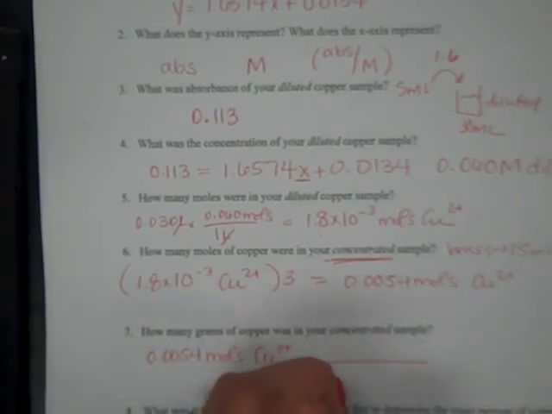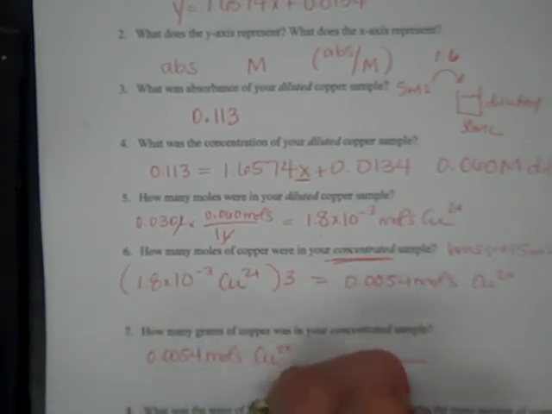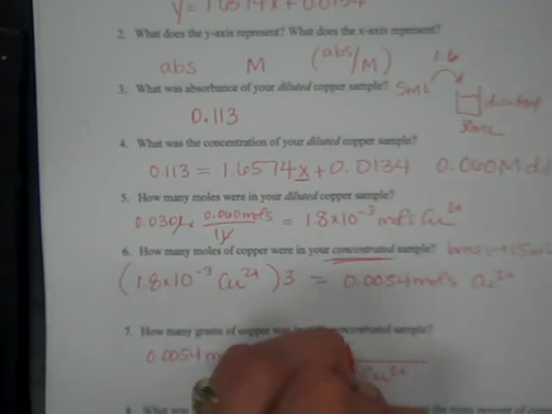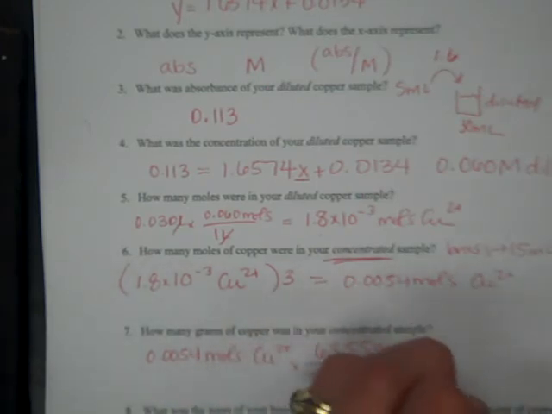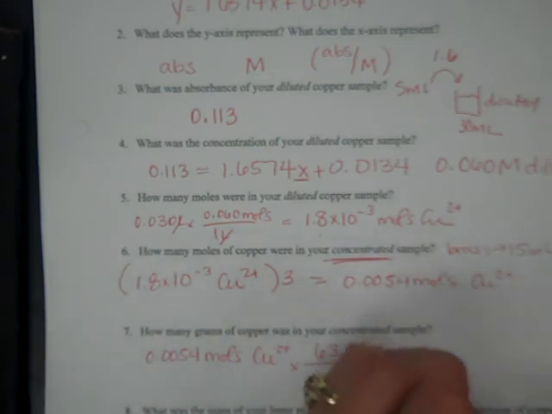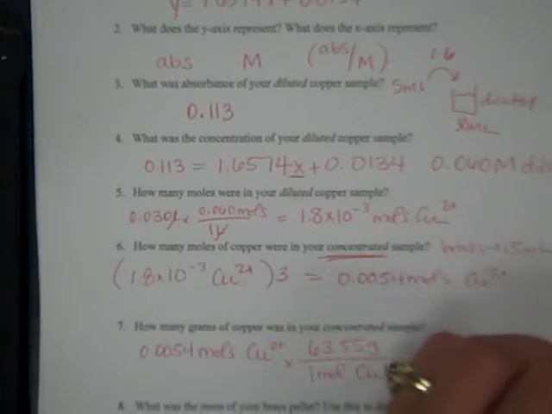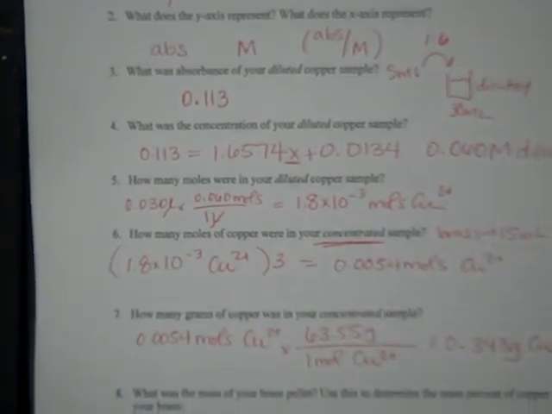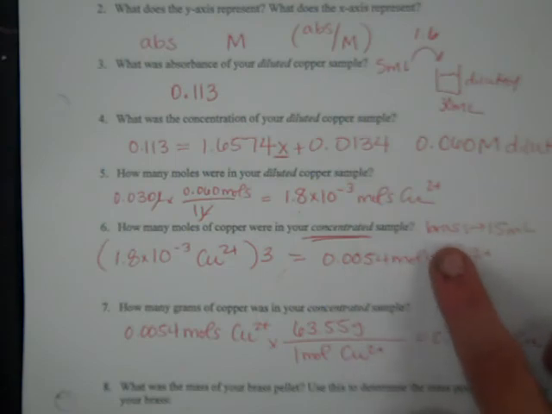For every 1 mole of copper, it weighs 63.55 grams. So 0.343 grams of copper was in your 15 milliliter sample.